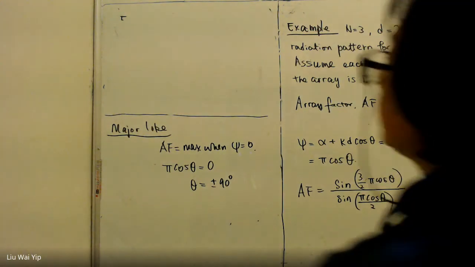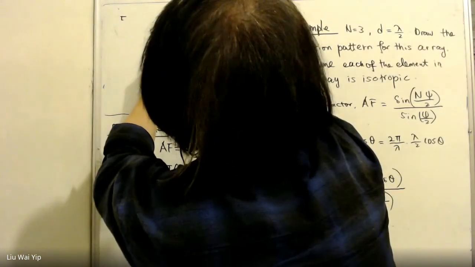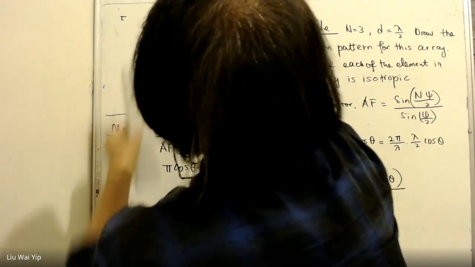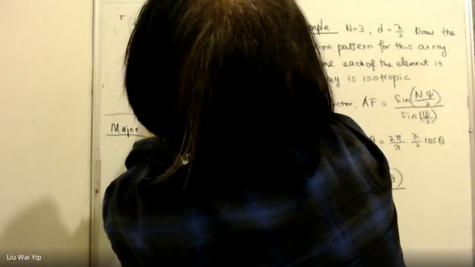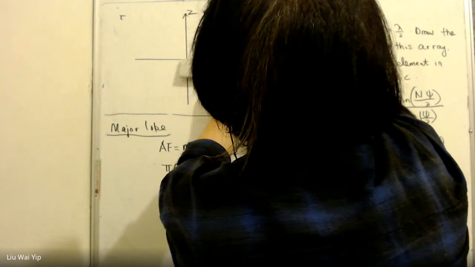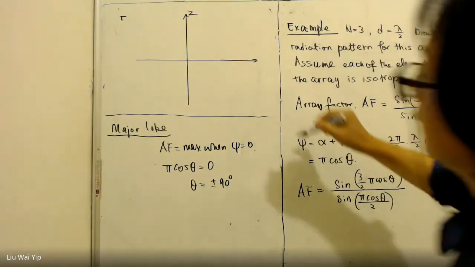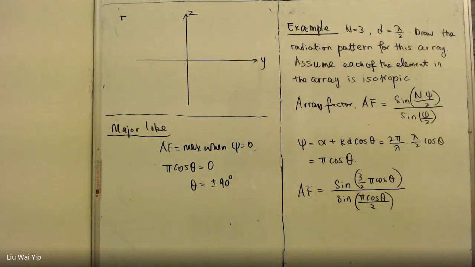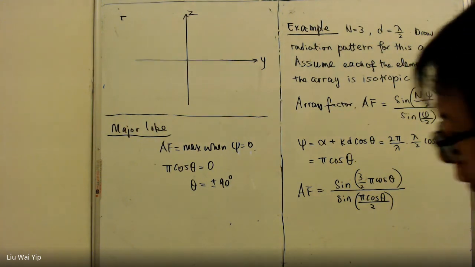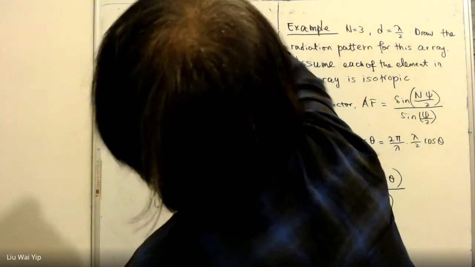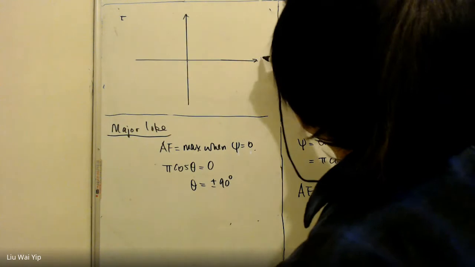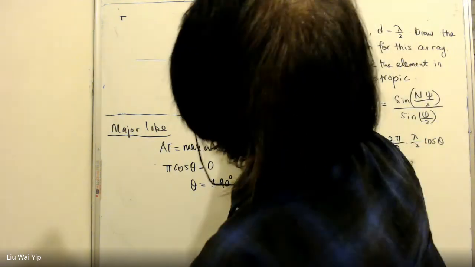Let's say you are now drawing the polar diagram, Z, and then Y. Or equally, make it simple. Let's say this is Y and this is X, right?